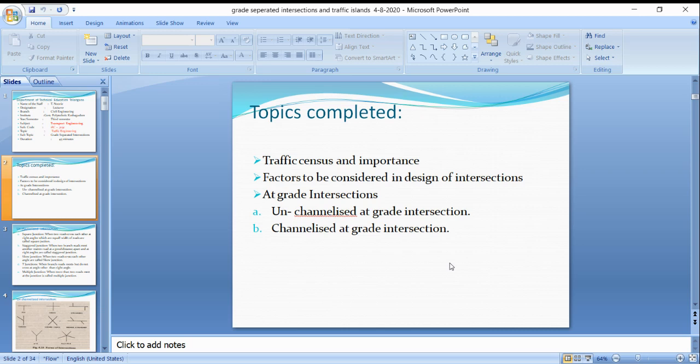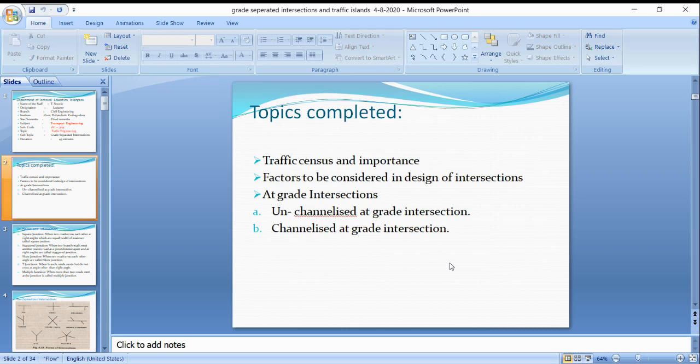Traffic census is a traffic study carried out for collecting traffic data for analyzing traffic characteristics. That is the data which we are collecting, called traffic census.